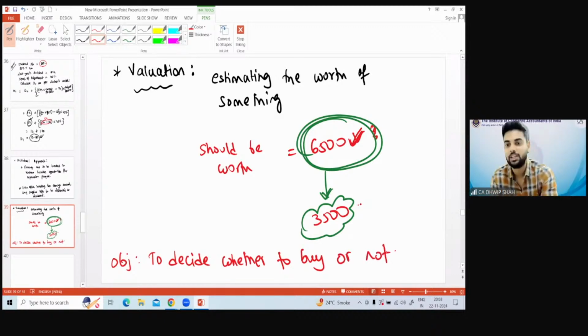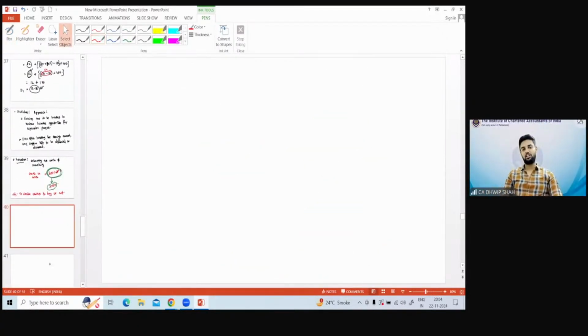Correct? Understood till here? Any queries? Why are companies doing valuation? Or why do investment researchers value a share of a company? Why do they find the estimated worth of a share? So that they can compare it with the actual price and decide whether to buy or not.